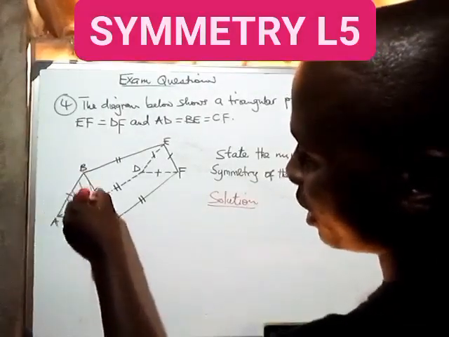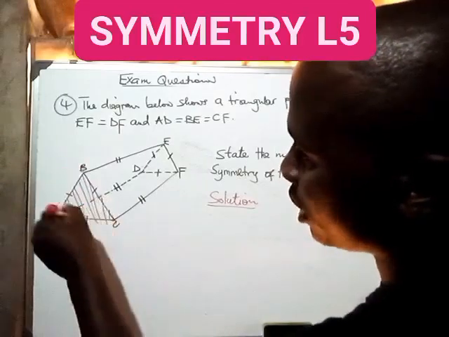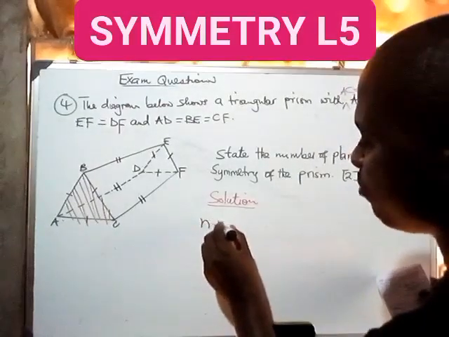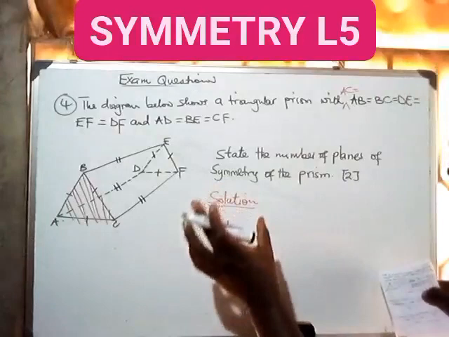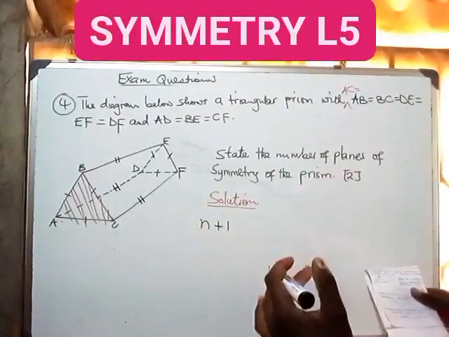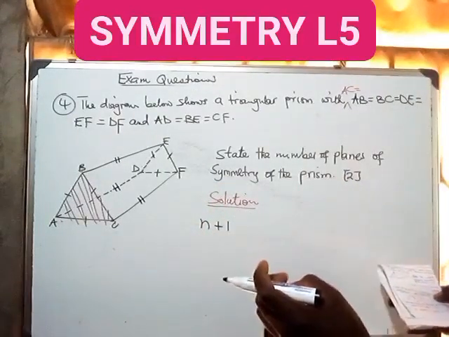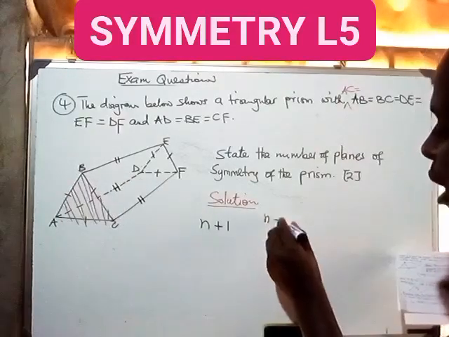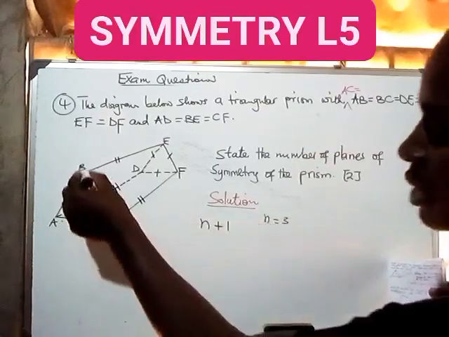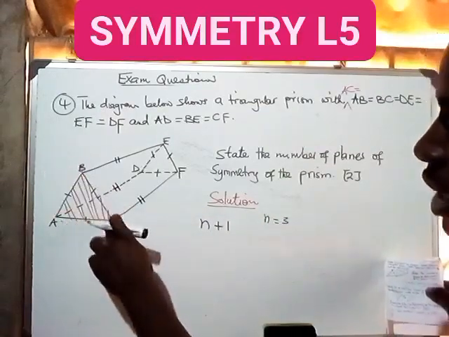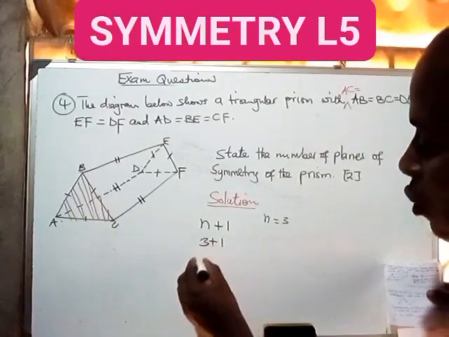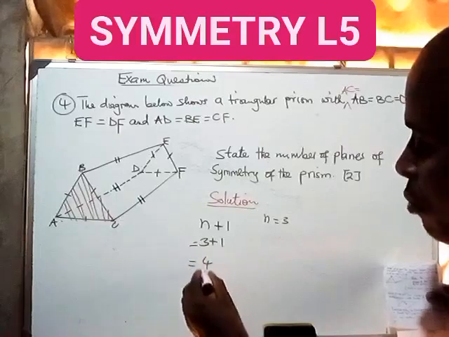How many sides does the base have? We use the formula n plus 1, where n stands for the number of sides. The triangle has 3 sides, so we have 3 plus 1, and our final answer will be 4.